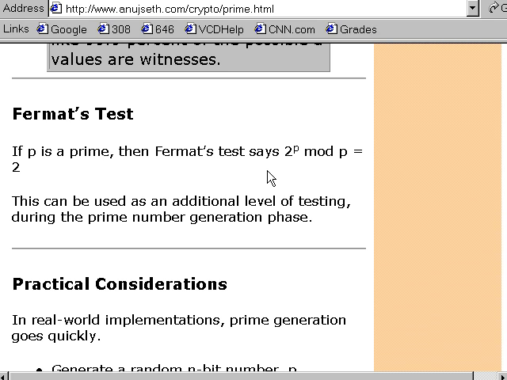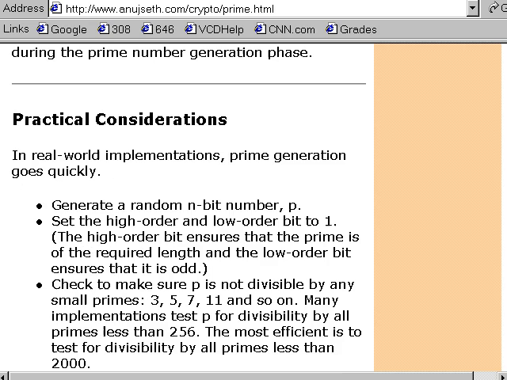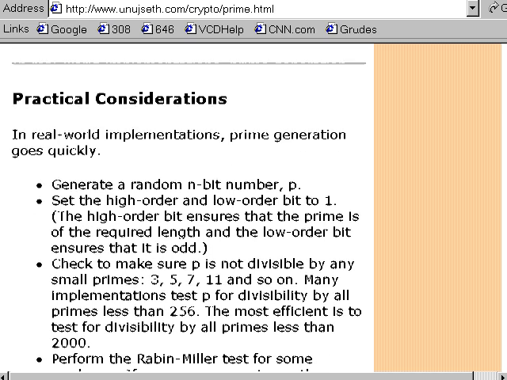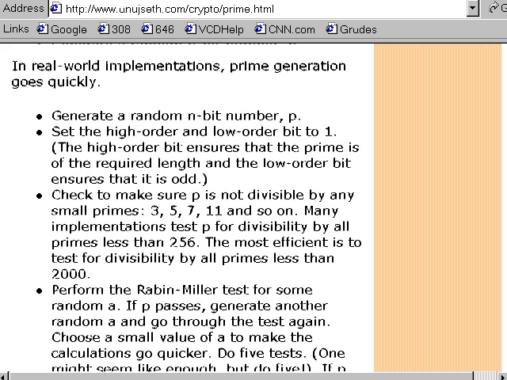So if you put in a number p and 2 to the p mod p is not 2, then you can guarantee that it's not a prime. But if it's equal to 2, then it's the converse, and you can't conclude that it is a prime, but you definitely know if the test fails that it's not a prime. So that's an additional level of filtering, and then it gives you some practical considerations on how to choose.